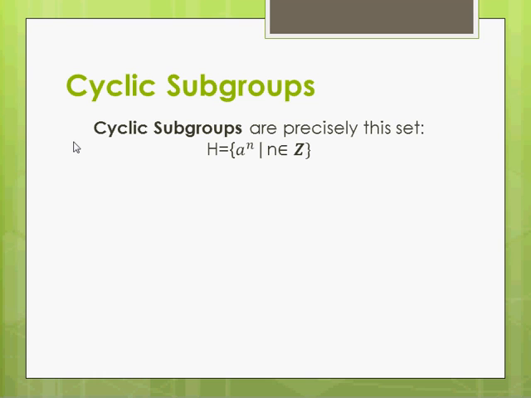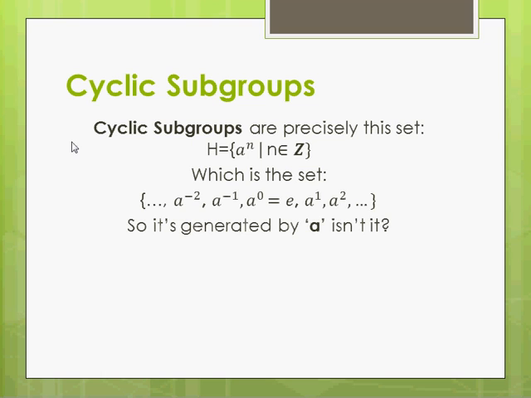It's the set generated by the multiples of a, all the multiples of a, which is the following set. And a to the 0 is just e, our identity. So you can see it's generated by a.